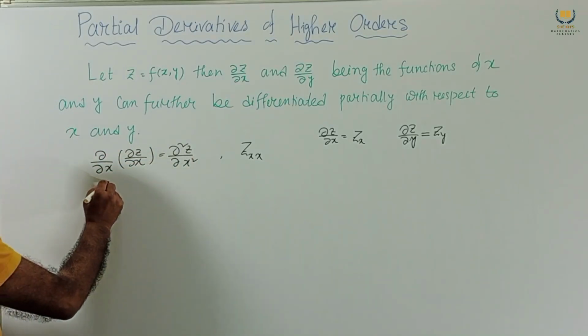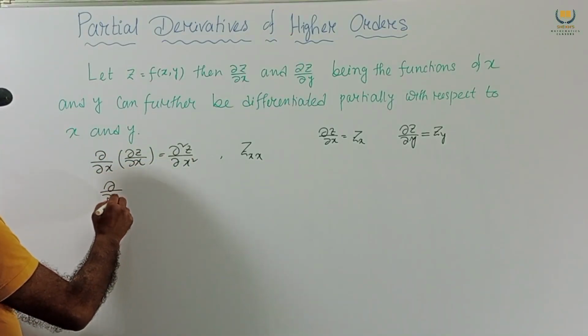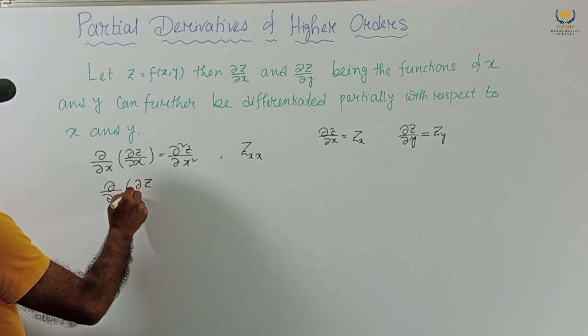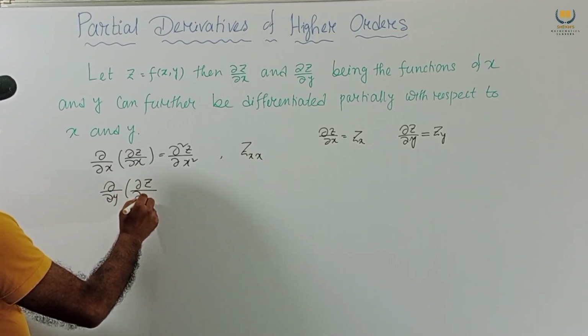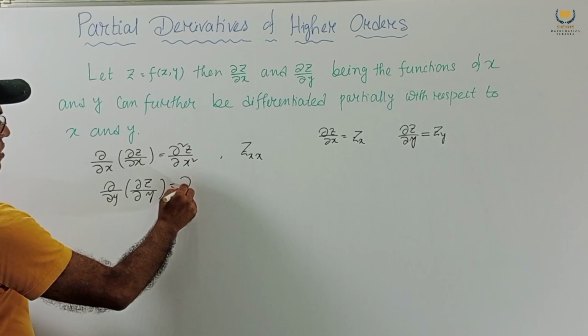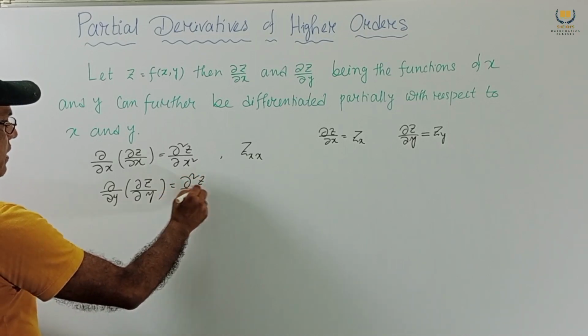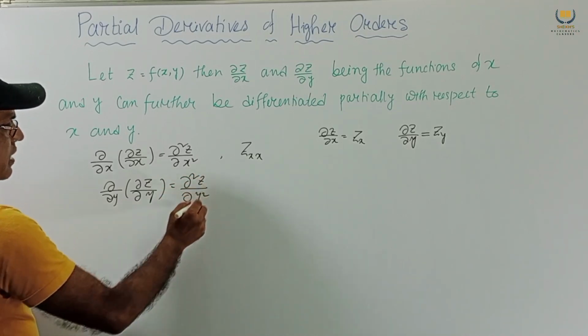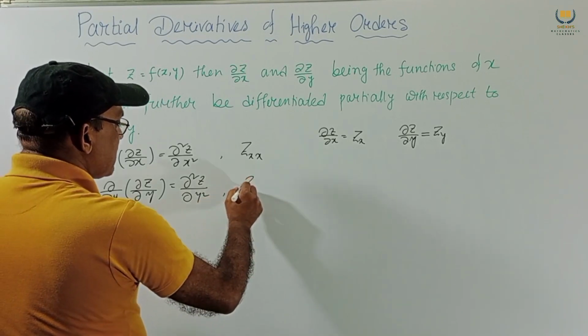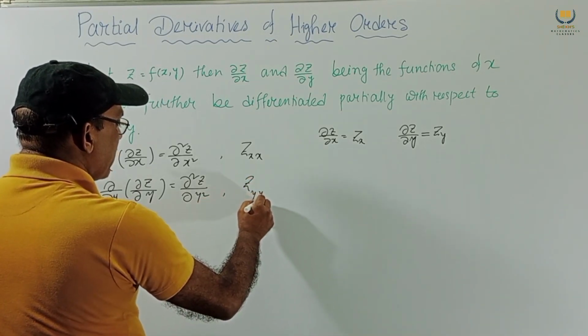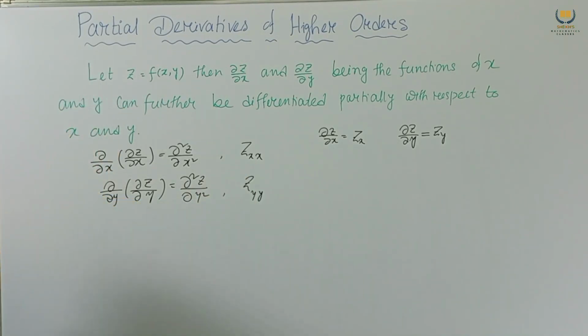And if we have del y of del z del y, then this will be del square z del y square, and this can be written as z y y.